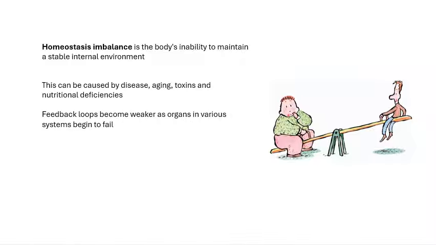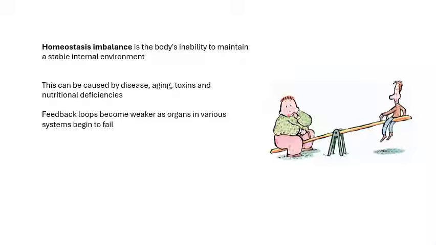And that can be caused by several things, which I'm going to talk about in this video. Maybe disease, maybe getting old, maybe toxins like poisons in your environment, or nutritional deficiencies, so you haven't got a very healthy diet. What happens is that the feedback loops become weaker. Maybe the signals aren't strong enough telling your organs to do this, that, or the other, and the systems fail.